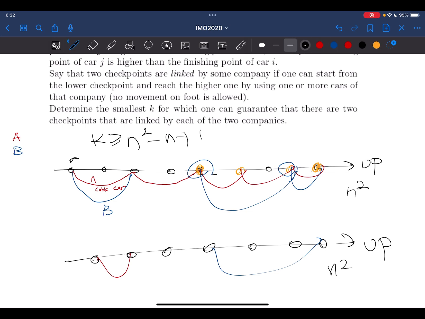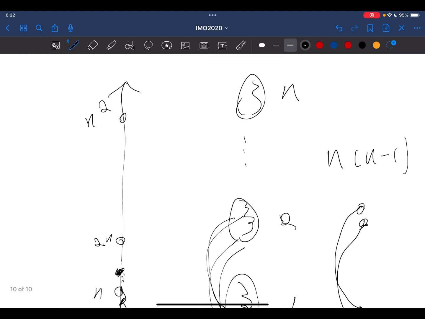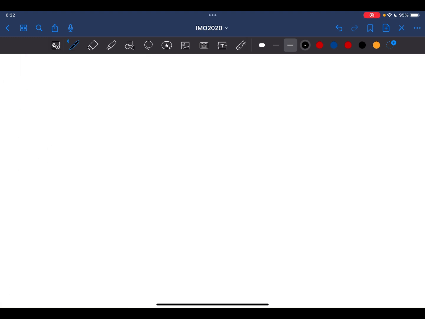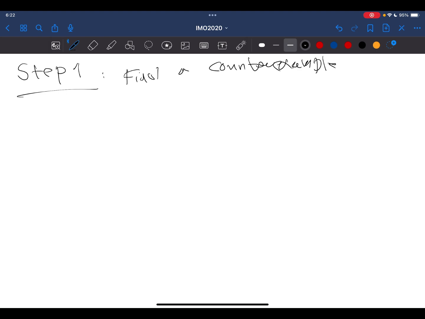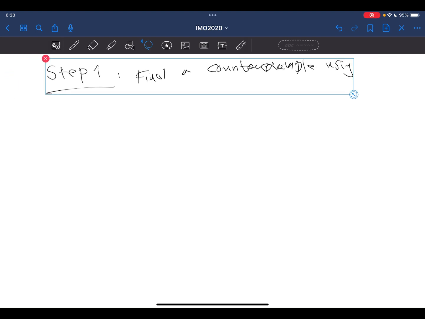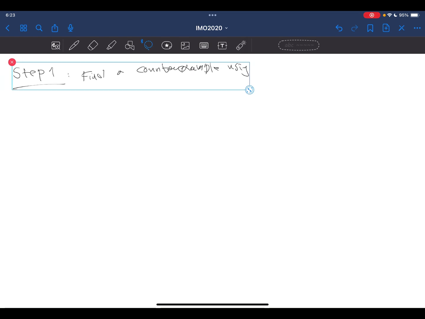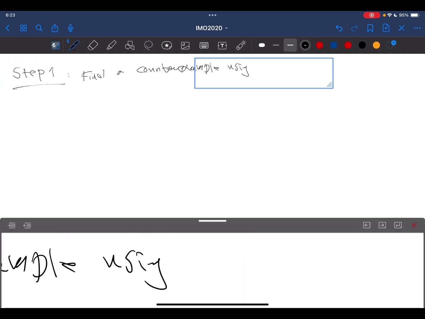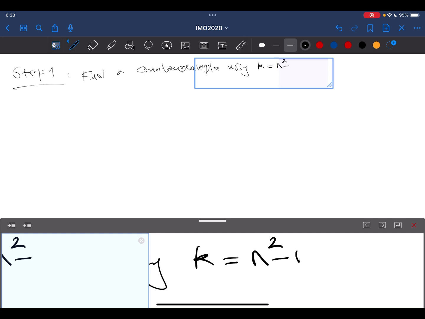So the proof has two steps. Step 1 is to find a counterexample using K equal to n squared minus n.